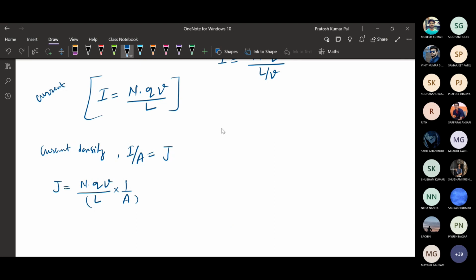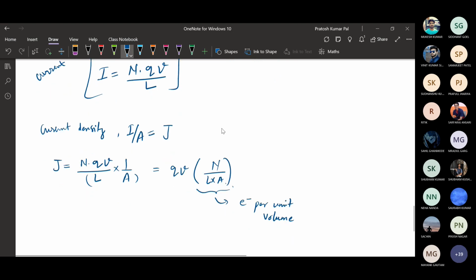So we can have the volume term, and also if we combine the term QV separately, and N by L into A, this term gives us the electron per unit volume.